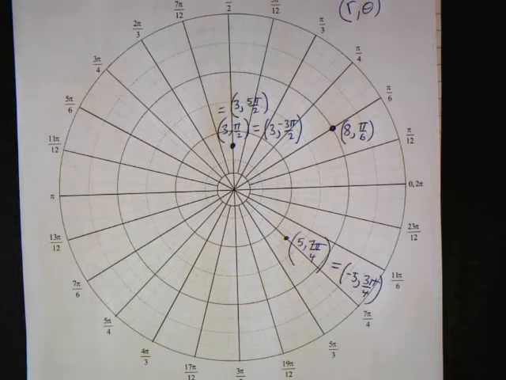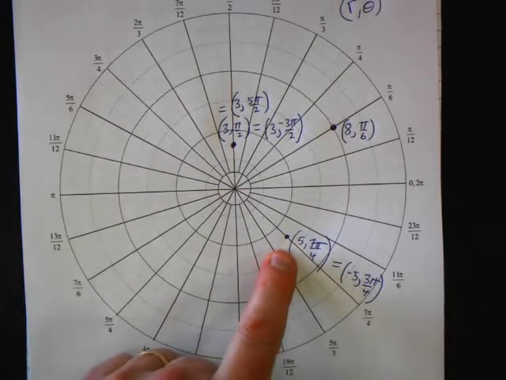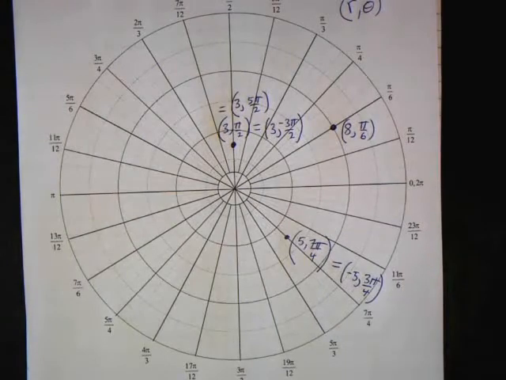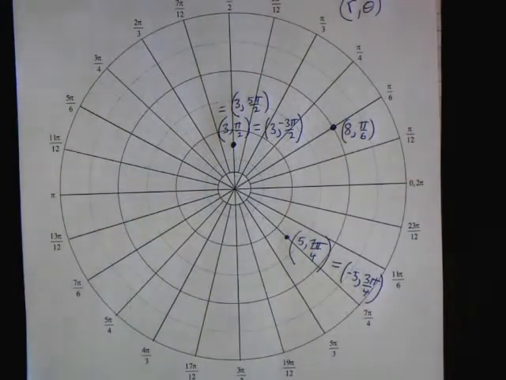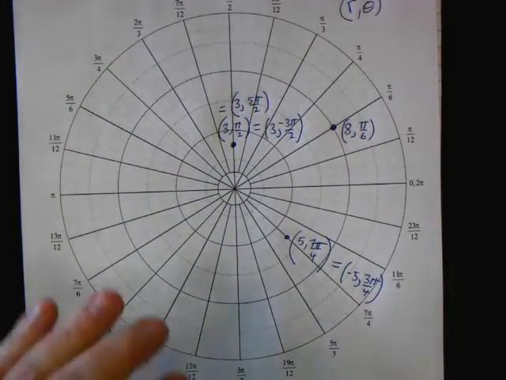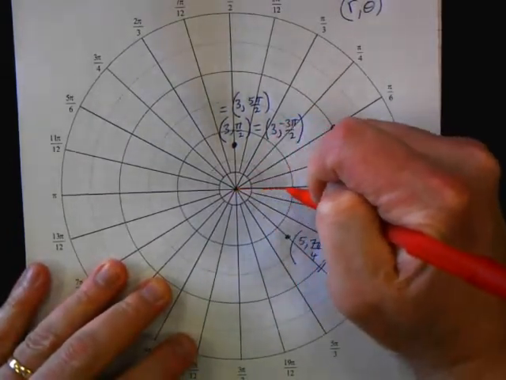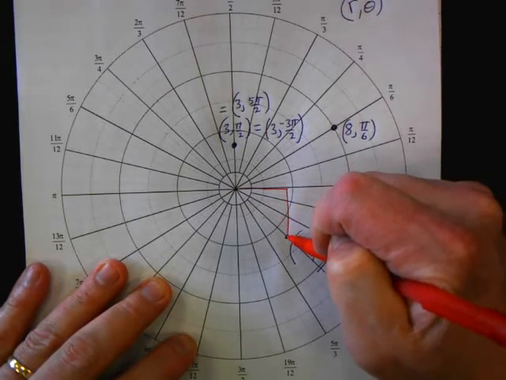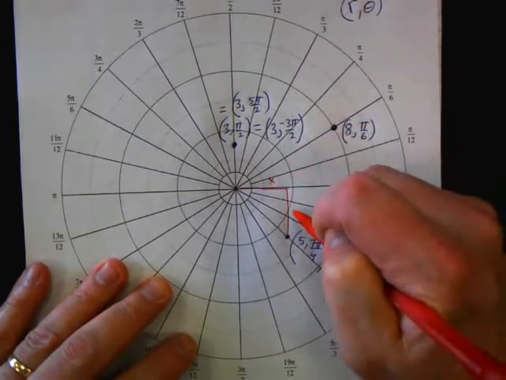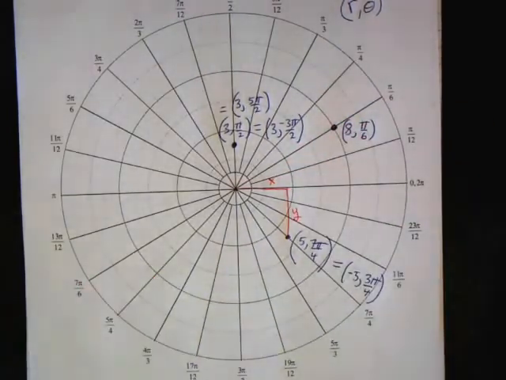All right, my next question. We'll stick with this point, 5 comma 7 pi over 4. If I were to give rectangular coordinates, that would be x, that would be y. What's that point in rectangular coordinates?